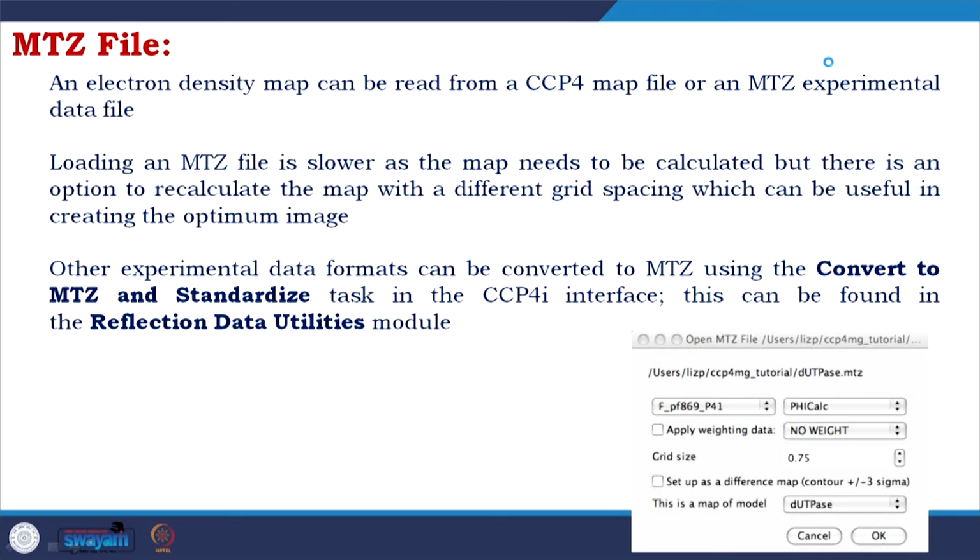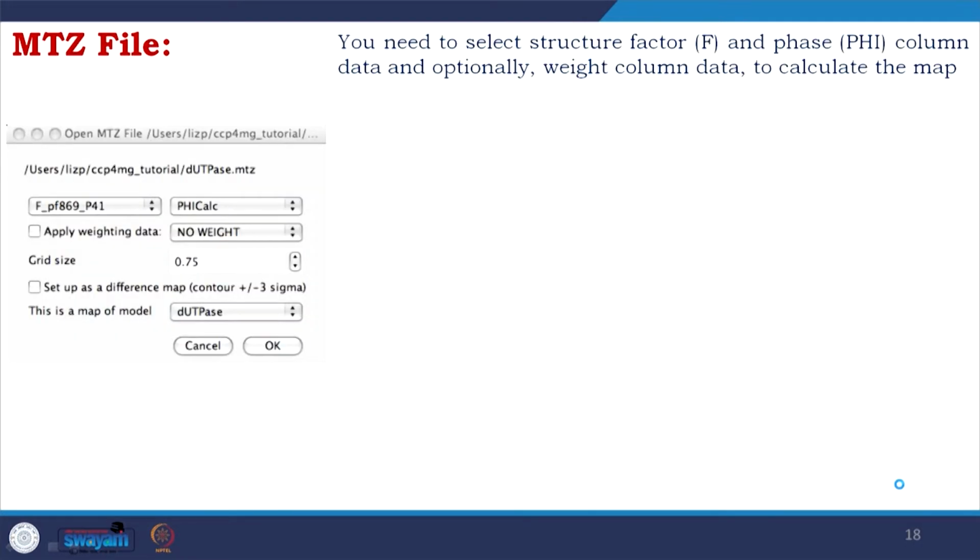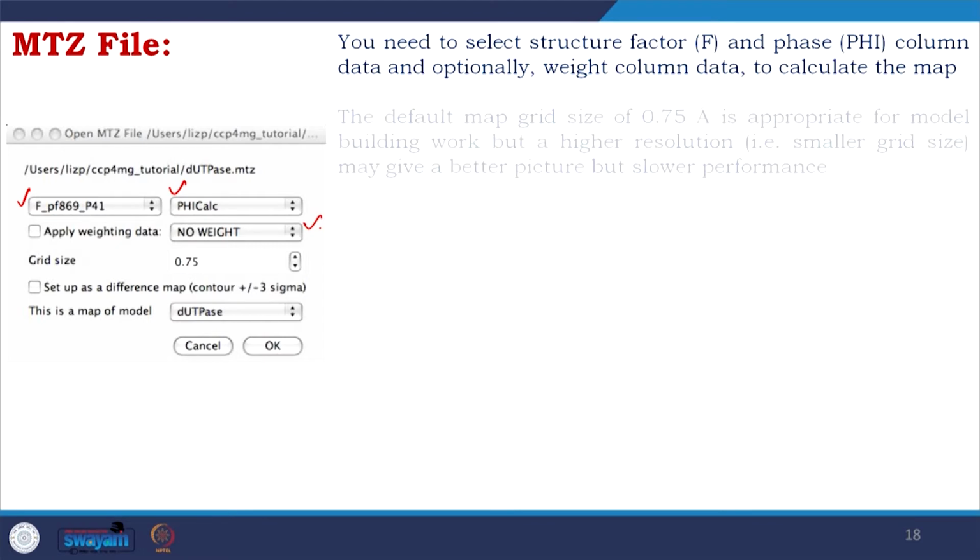This is the representation. If you look at this window, that is how the window appears when it has to read an MTZ file. Going here, you need to select the structure factor F and the phase column data, and optionally weight column data, to calculate the map.